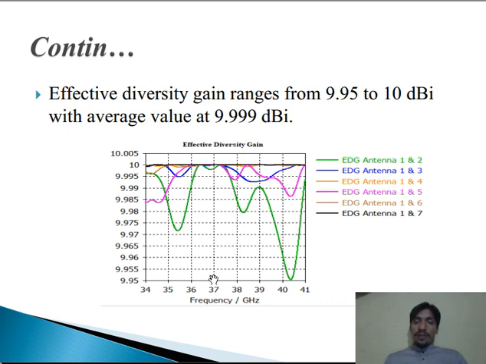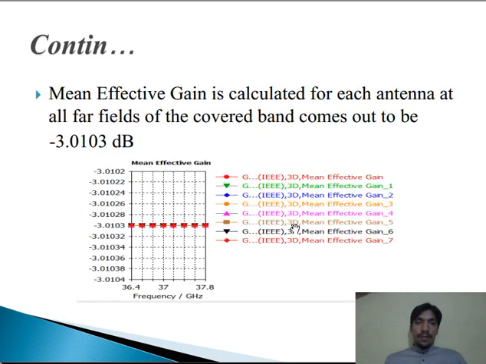At the resonant frequency of 37 GHz, our effective diversity gain for all the antennas, the effect of one on the others, is almost 10 dB. Next one is the mean effective gain. Mean effective gain is minus 3.0 dB for all the elements at the resonant frequency as well.